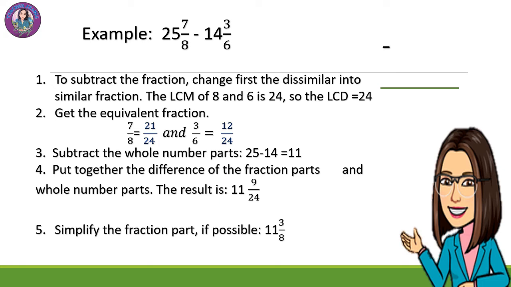Step 5. Simplify the fraction part if possible. Since the fraction part, 9/24, is not yet in the simplest form, we need to simplify it by finding the GCF, the greatest common factor. So 9 divided by 3 equals 3, and 24 divided by 3 equals 8, because the GCF is 3. Now the answer is 11 and 3/8.